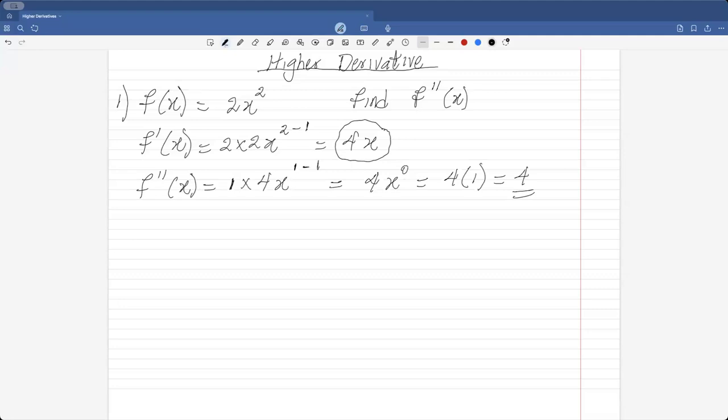Let's take another problem. Let's say we have f(x) equals x squared plus 2x plus 4.